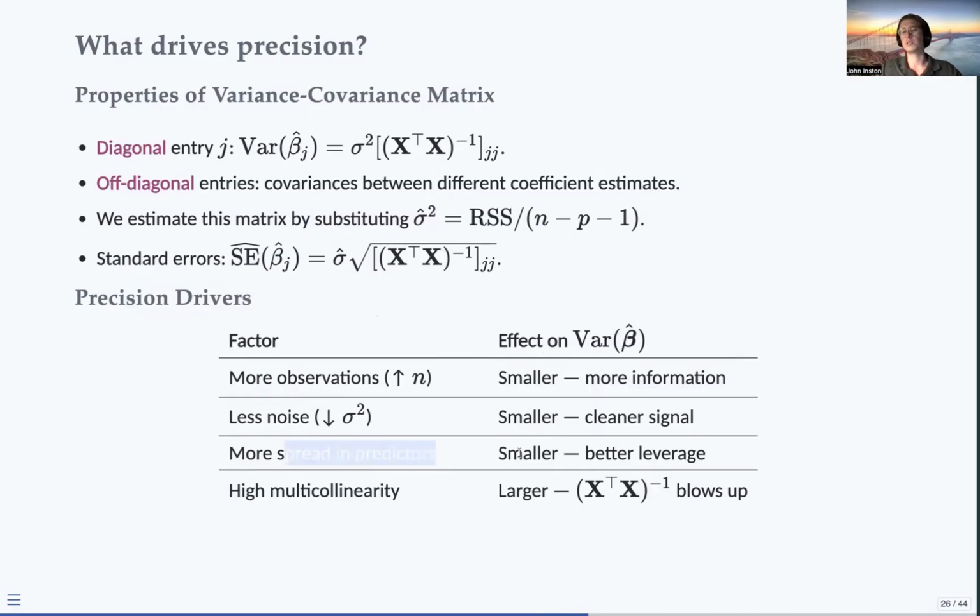More spread in the predictors means the effect on the variance is smaller because we have better leverage. This is decreasing. However, if we have high multicollinearity, this term explodes, and multicollinearity is something that we'll talk about in future lectures because I'm certainly going to run out of time now.